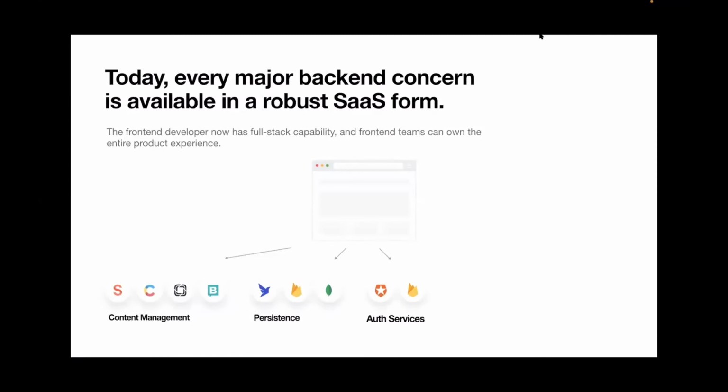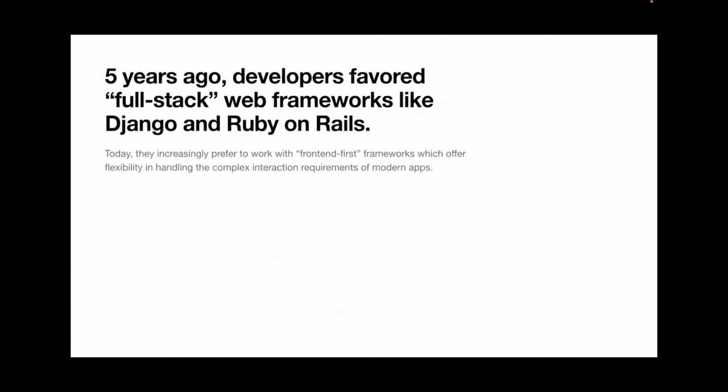Authentication as well. You don't need to write an auth backend. You can basically buy it or rent it. For real-time communication infrastructure, even though I created Socket.io years ago, today I would reach for something that provides it to me as a service so I don't have to run it and maintain it. You can think of payments, search, any backend that was interesting to write has probably been turned into a robust software-as-a-service form.